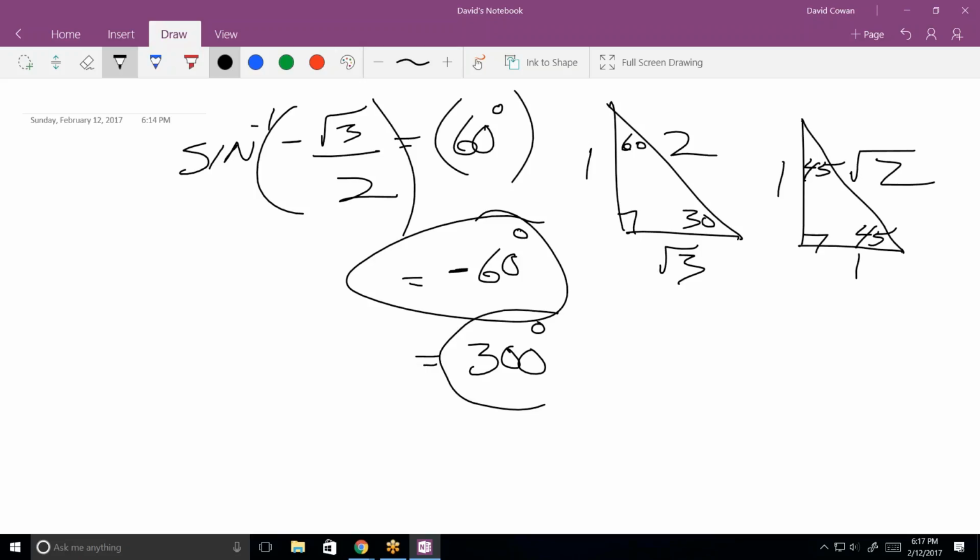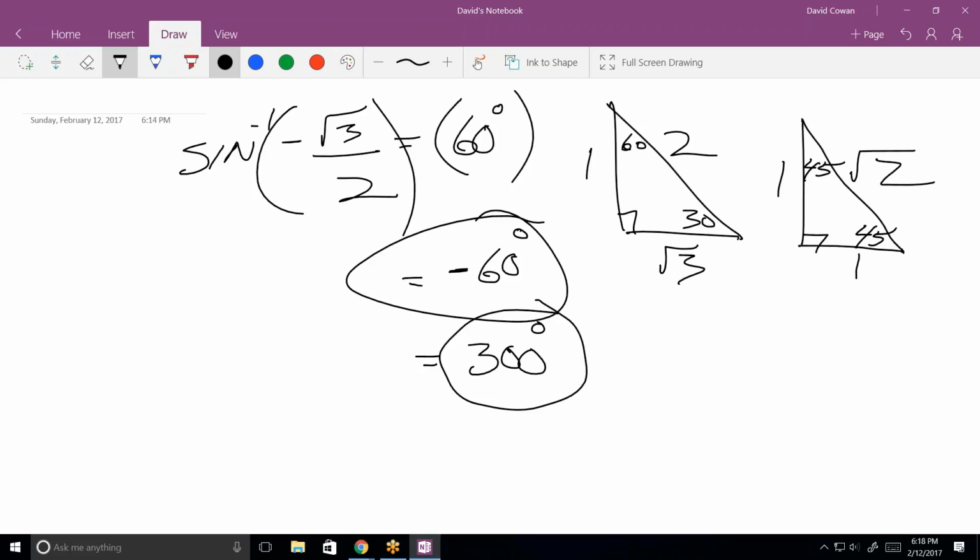But your calculator's never going to give you the plus angle. The calculator is going to treat the inverse sine in one of two ways. If the argument is positive, it's going to give you a first quadrant angle. If the argument is negative, it's going to give you a negative angle in the fourth quadrant.